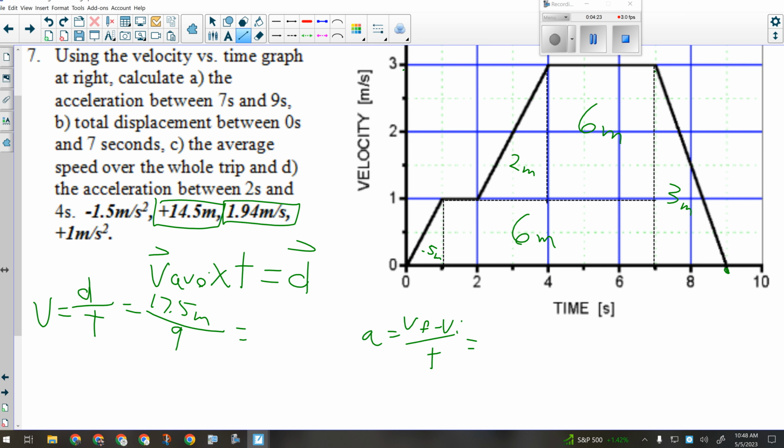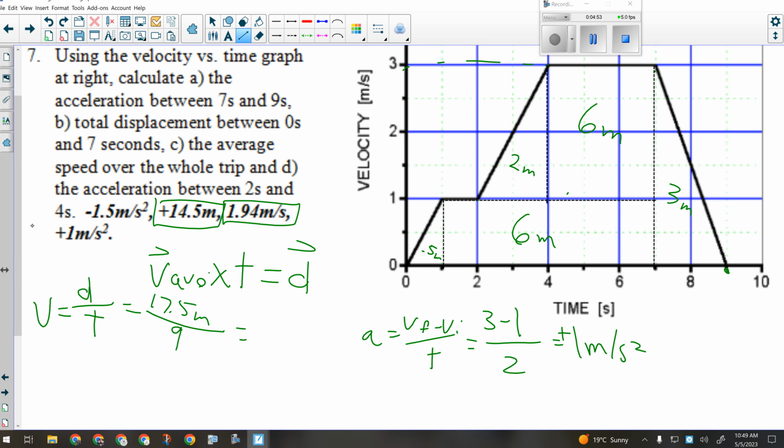And so when we're looking at this here, we have vf at 4 seconds being 3, vi at 2 seconds being 1, and that takes 2 seconds. So 2 over 2 is 1 meter per second squared, and it's positive because it is going faster and forward.